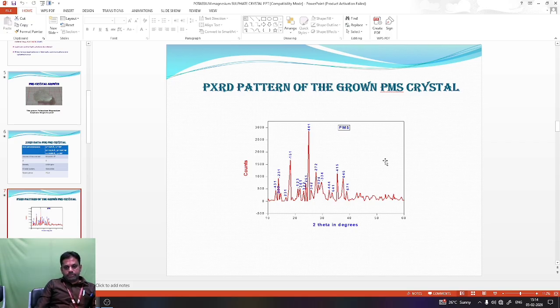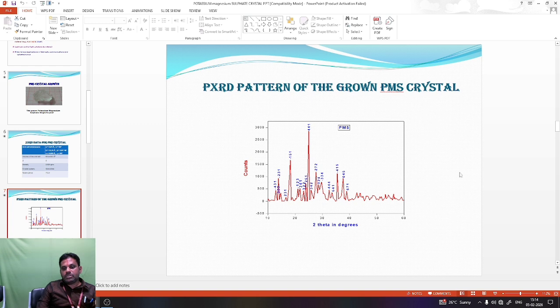Now these standard patterns are compared with the ICDD data, the International Centre for Diffraction Data, which is available. It is compared with this potassium magnesium sulfate crystal analysis, and the comparison is well matched with the literature value, the reported value.